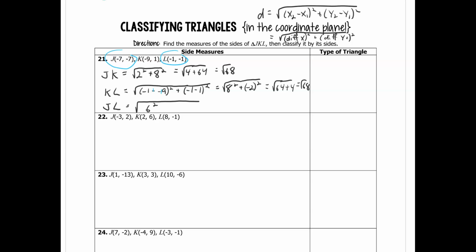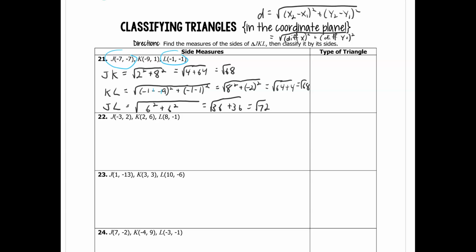And the difference for the y's is -6, so that's also 6. So plus another 6 squared. So this would be 36 plus 36. That's the square root of 72, and that's different from 68.